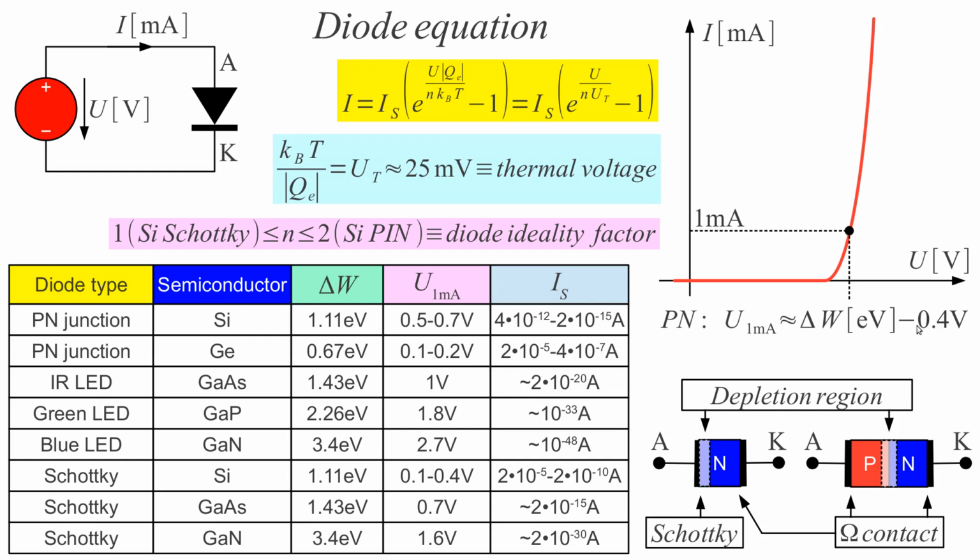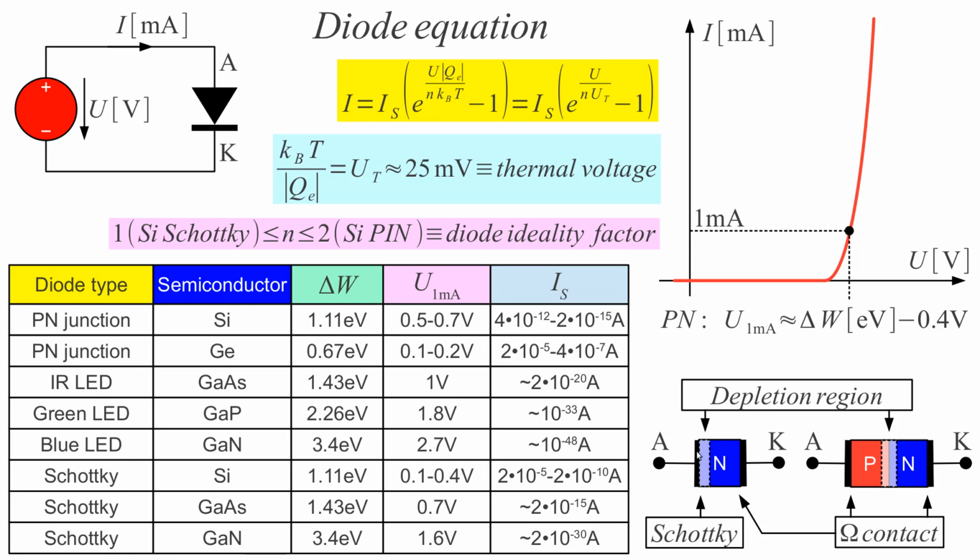So it differs for different junctions. These 5 diodes here, all 3 LEDs and the p-n junctions of silicon and germanium, are all p-n junctions. LEDs also contain p-n junctions, while Schottky junctions are junctions of a semiconductor to the appropriate metal.